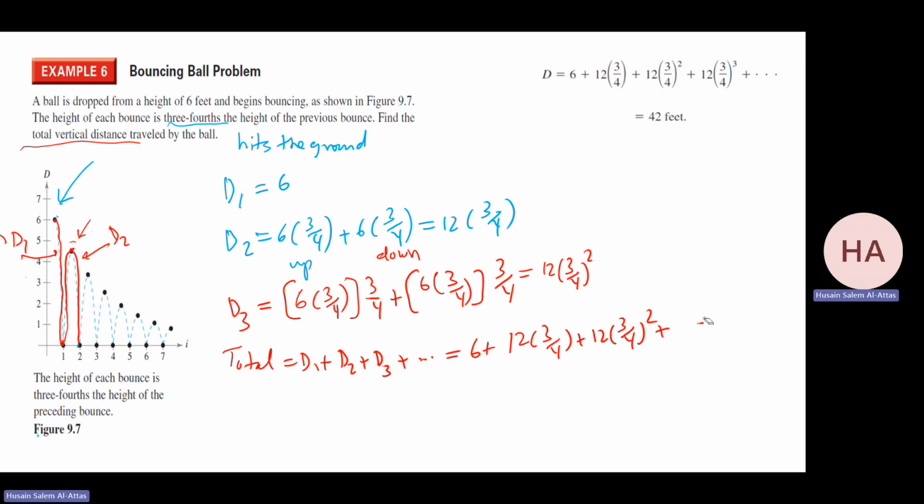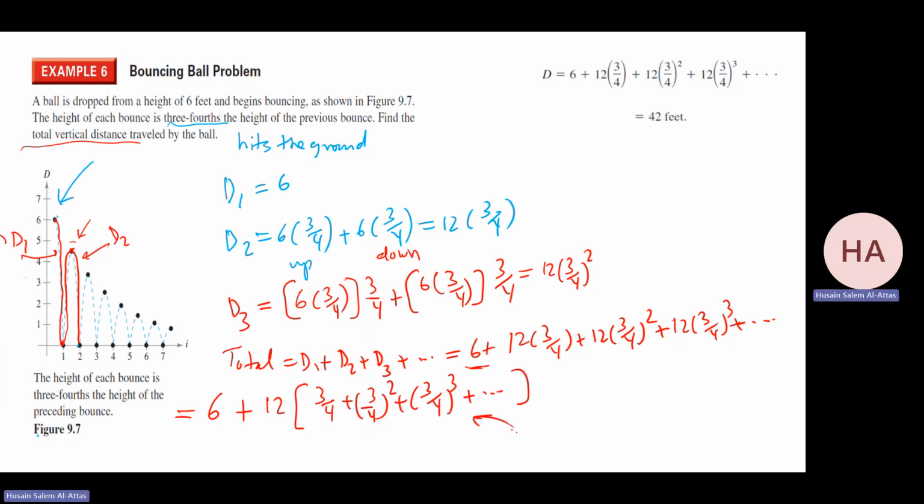Which is, for sure, 12 times 3 over 4 cubed, and so on. Okay, now I need to find this. Take out the 6 by itself. This is equal to 6 plus, now I can take 12 as common factor. What is the remaining? 3 over 4 plus 3 over 4 squared plus 3 over 4 cubed.